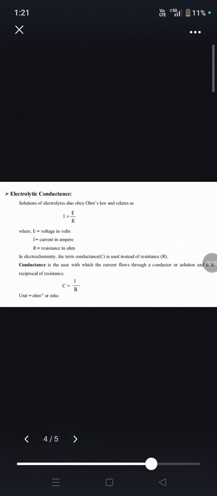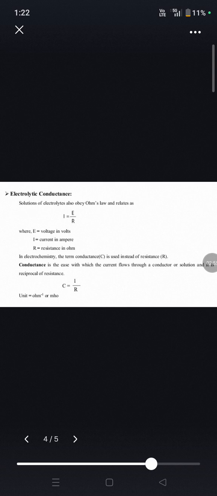Now here we will discuss electrolytic conductance. Solutions of electrolytes also obey Ohm's law, which relates as I is equal to E by R, where E is voltage in volts, I is current in amperes, R is resistance in ohms.